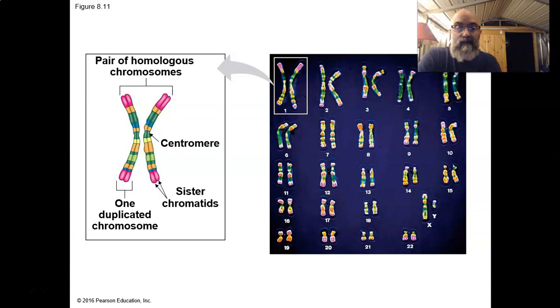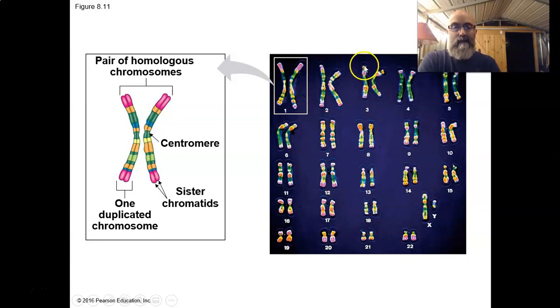So again, here are our chromosomes. We have 23 different chromosomes: chromosomes 1 through 22, and then the 23rd chromosome here is the sex chromosome. So this individual has an X chromosome and a Y chromosome. That makes them a male. Okay. And we see they're different sizes.